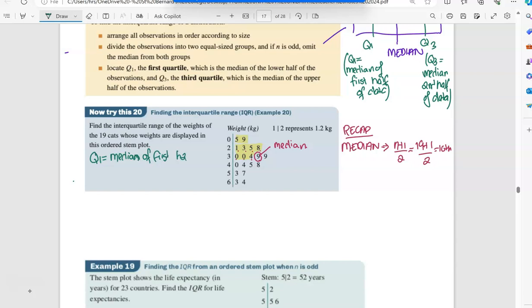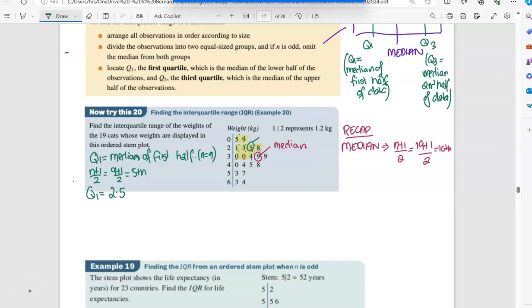In the first half, I have n equals 9 data points. If I do n plus 1 divided by 2, 9 plus 1 divided by 2, I end up with the 5th. If I count out 1, 2, 3, 4, 5, this one is Q1. So Q1 equals 2.5.